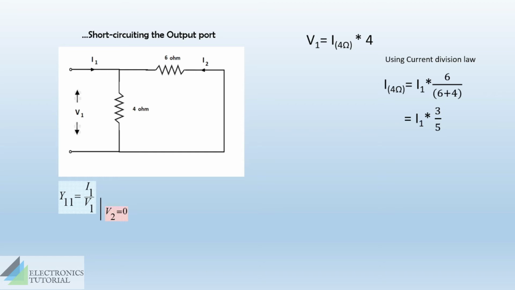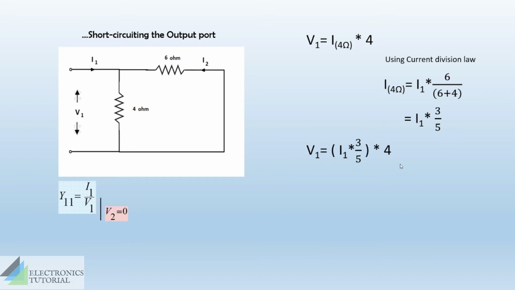We can write it as I1 into 3 by 5. After obtaining this relation, we can substitute this value in our first equation. Then V1 is equal to current through 4 ohm into 4. That is, V1 is equal to I1 into 3 by 5 into 4.